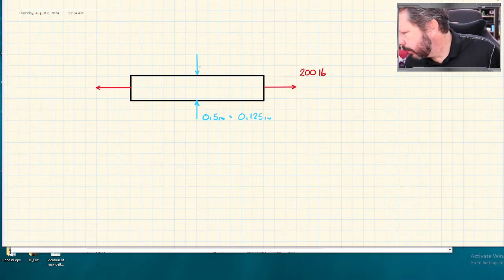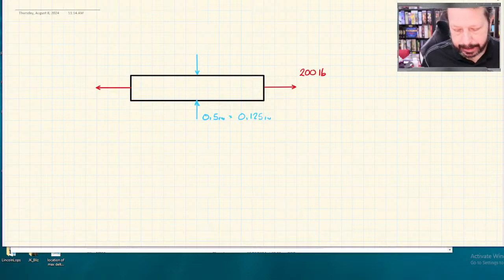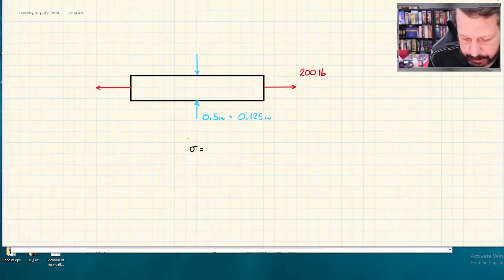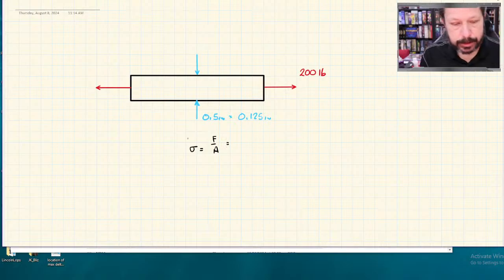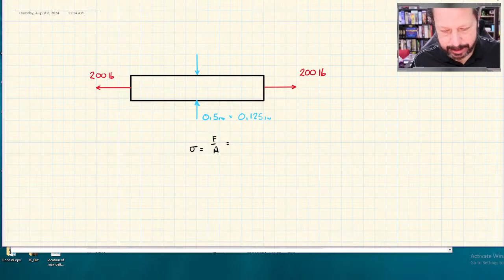We said that we can calculate the axial stress. Stress is defined to be force divided by a cross-sectional area. So sigma equals force over area. I should make sure that we have the reactive 200 pounds over there, so it's not confusing that it's not a static problem.